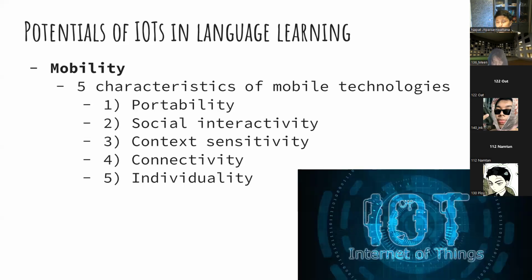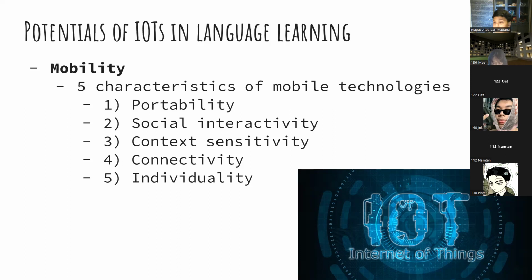So let's have a look at the first one, mobility, right? We are familiar with the word mobile, so it can be moved and things like that. There are 5 main characteristics of mobile technology that are potentially useful for language learning. First one is portable.